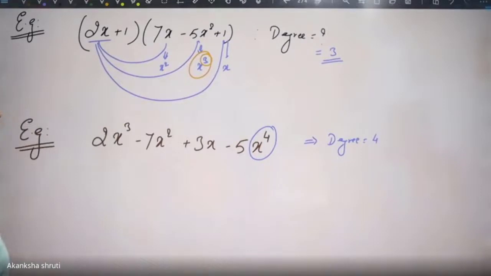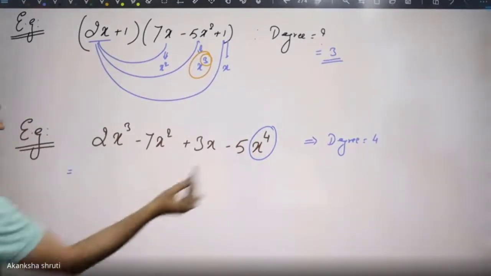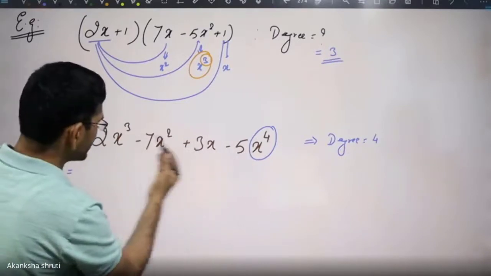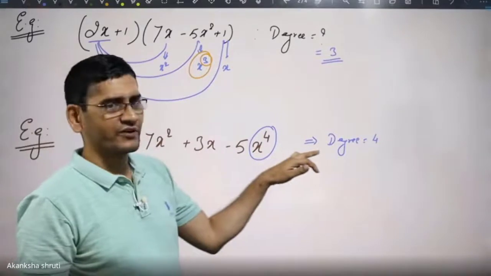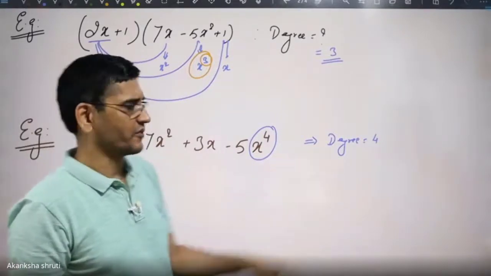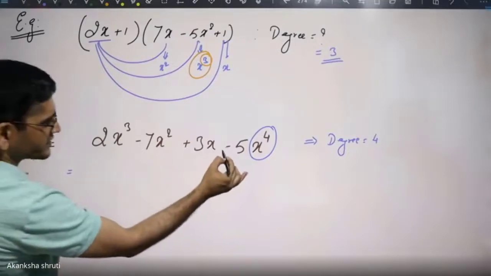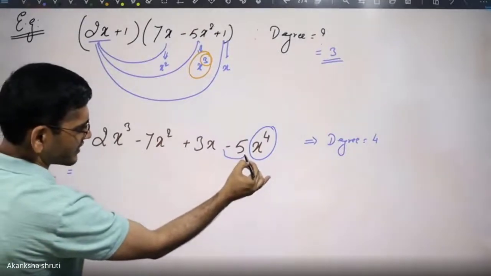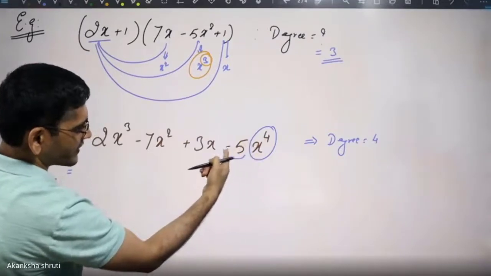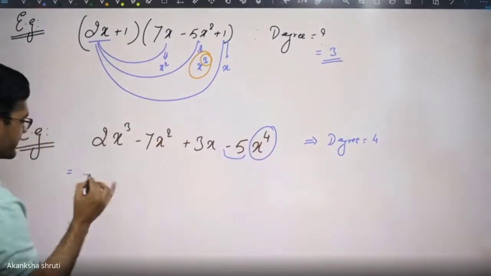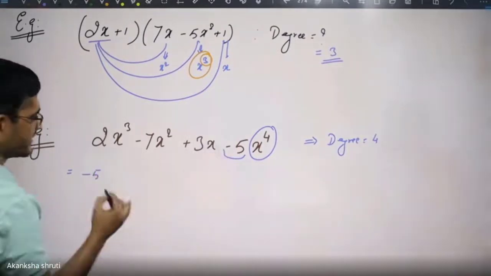But if we are considering the terms, we may rearrange and write like this. Always write the polynomial in the order of decreasing power of x. That is called the standard form, or writing the polynomial in standard form. Students, this minus 5 is the coefficient of x to the power 4, so this minus has to be taken with the 5. Do not leave the minus here, otherwise it becomes wrong.